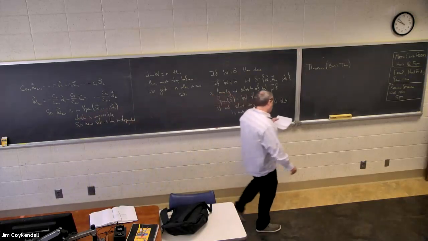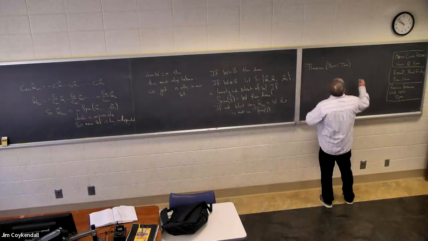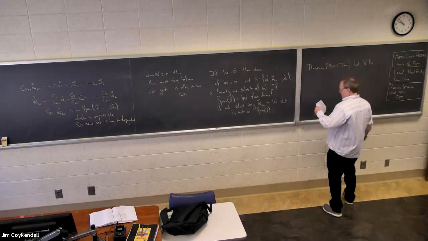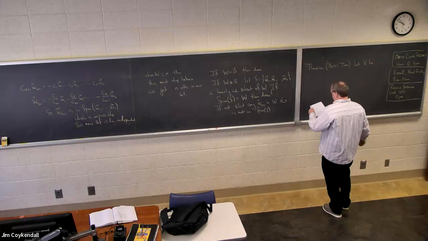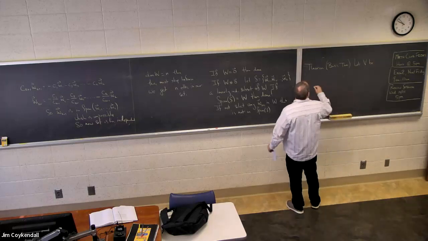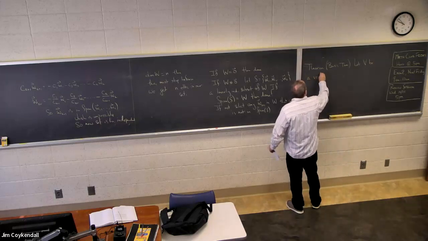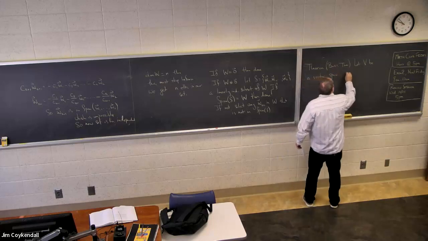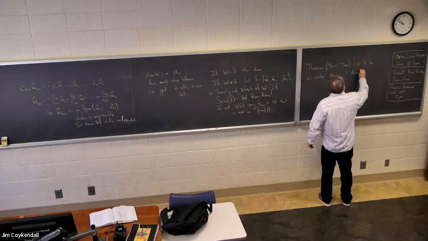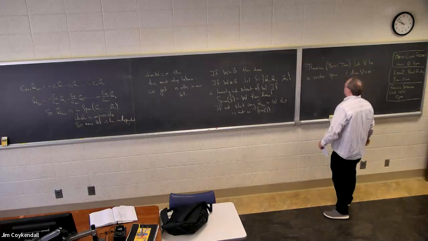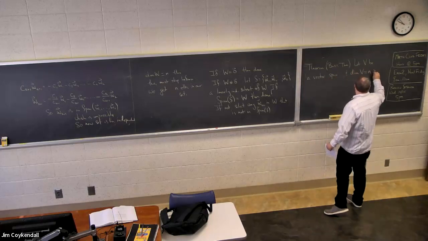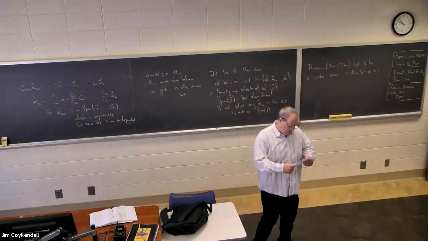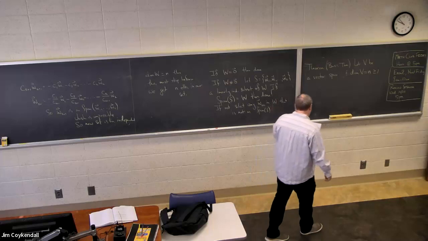Let V be a vector space of dimension n, and I want my vector space to be of dimension at least one, so I don't want the zero vector space here.